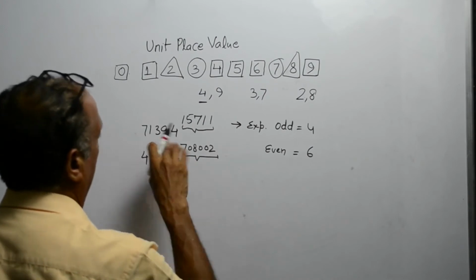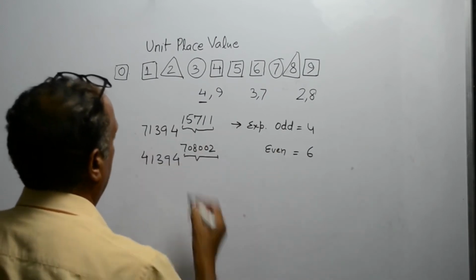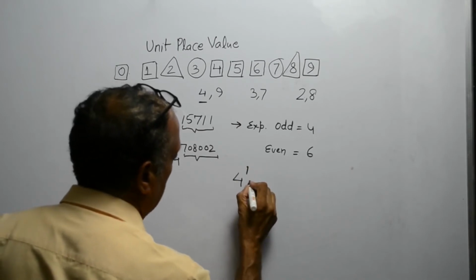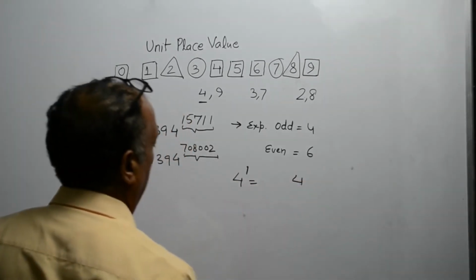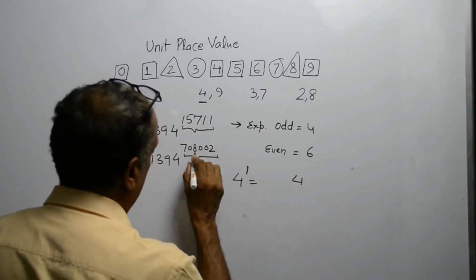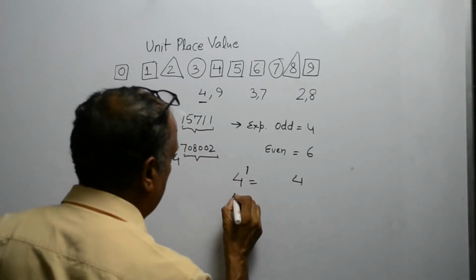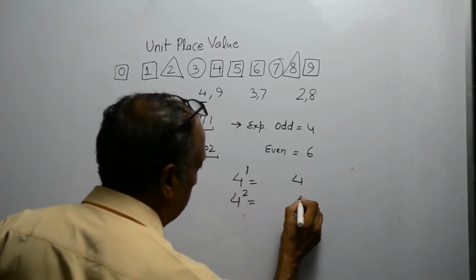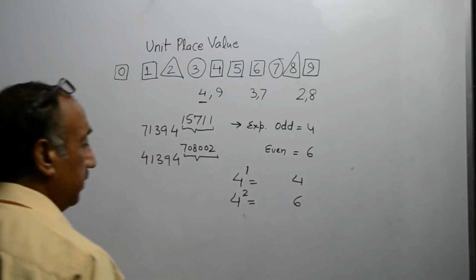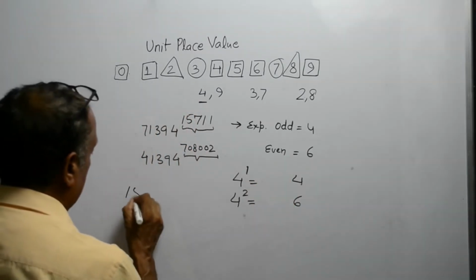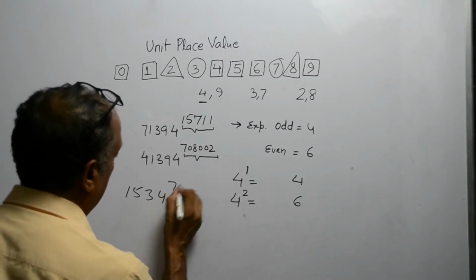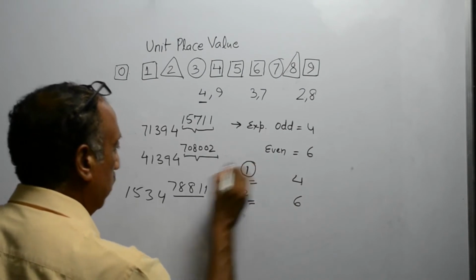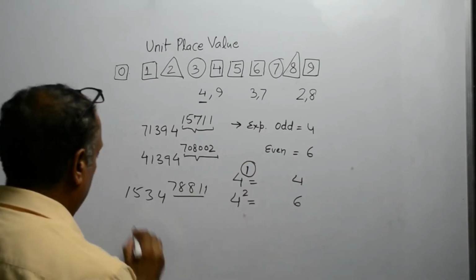To make it simpler still, for an odd exponential just think of 4 raised to power 1, and for an even exponential, think of 4 raised to power 2. So 6 is the last digit. In case the exponential is an odd number, it is 4 raised to power 1, so the answer is 4.